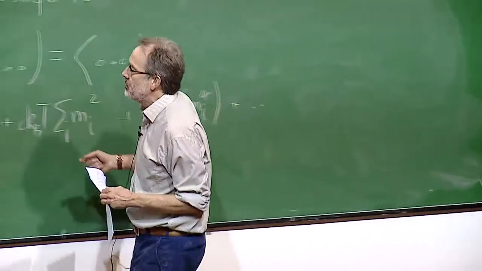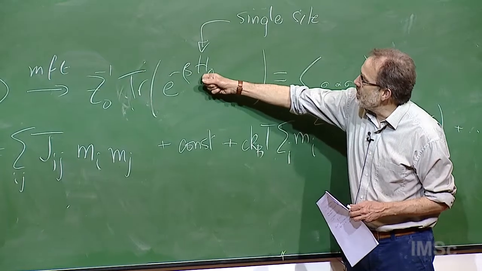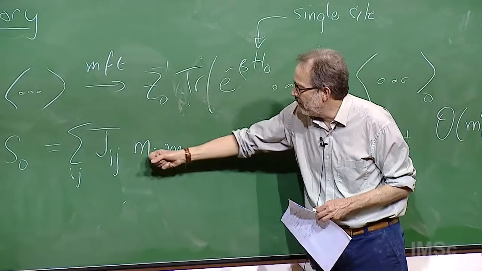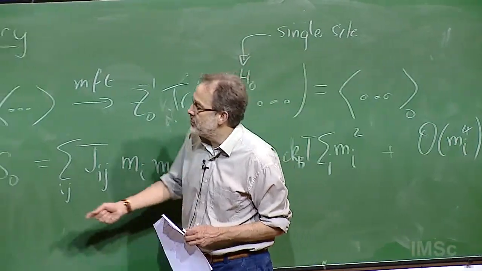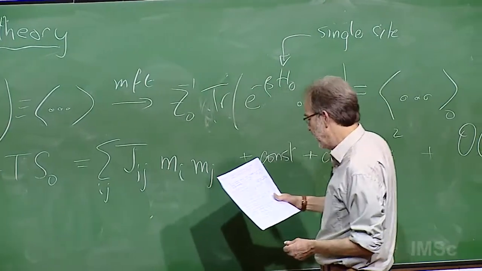And then you say that you should choose the exchange fields that are in this single site Hamiltonian, and therefore the values of the magnetization, in such a way as to minimize your estimate for the free energy.